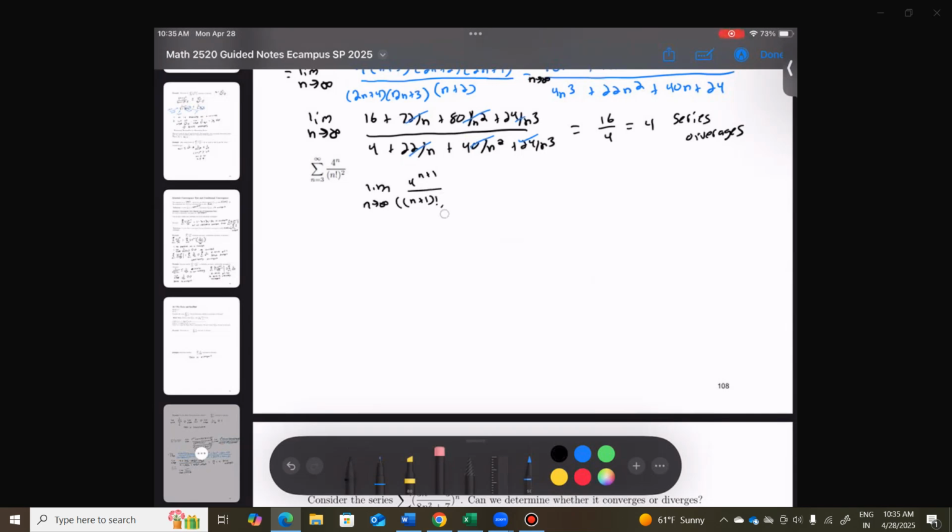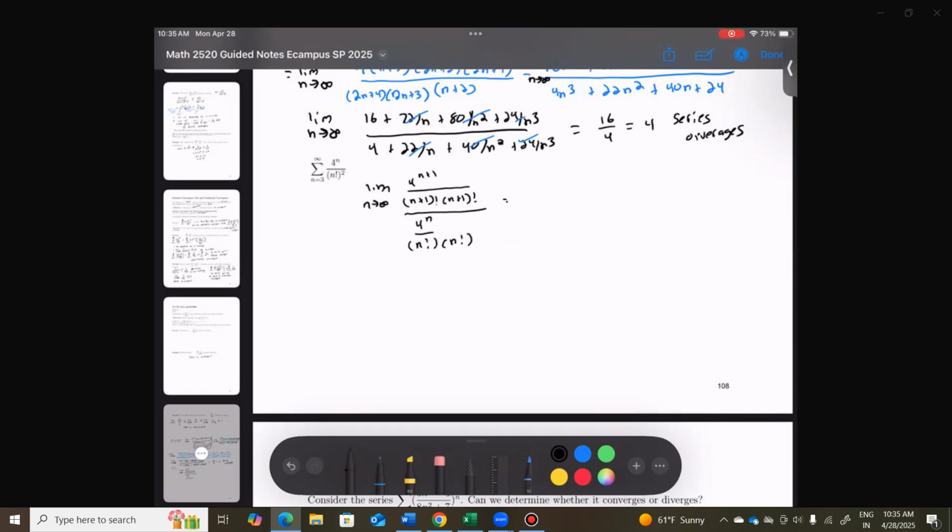Get rid of these parentheses, it's just n plus 1 factorial times n plus 1 factorial. Okay, maybe easier to write it that way. Over 4 to the n, and then n factorial times n factorial.